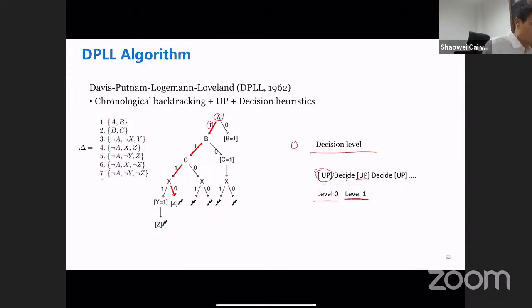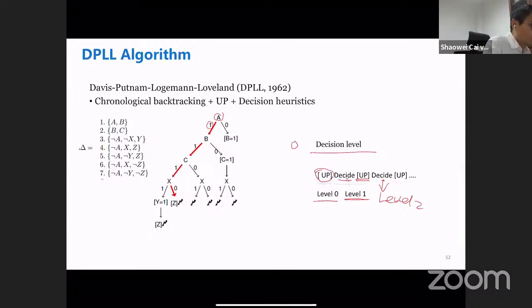If we decide a variable and no unit clause appears, then we will decide another, and this begins another level, level 2. So this is the procedure of DPLL. The algorithm alternates between decision and unit propagation.